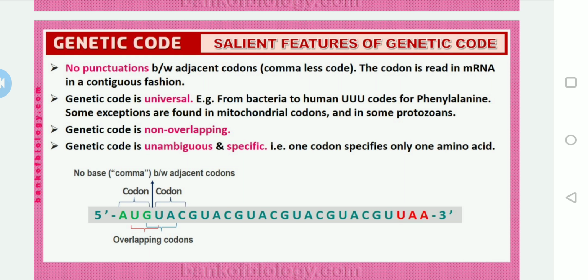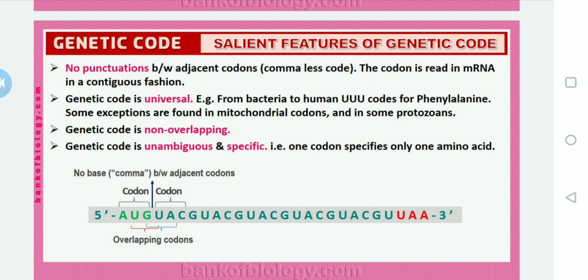Hence, a letter or nucleotide of one codon never shares with another codon. So this characteristic is known as non-overlapping.